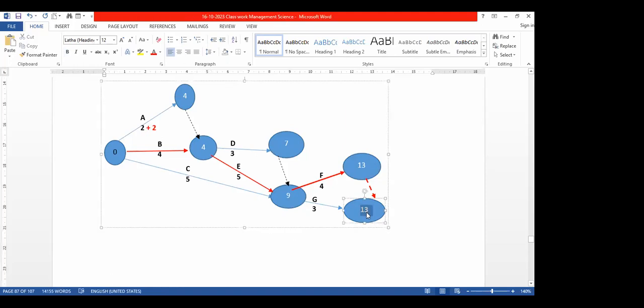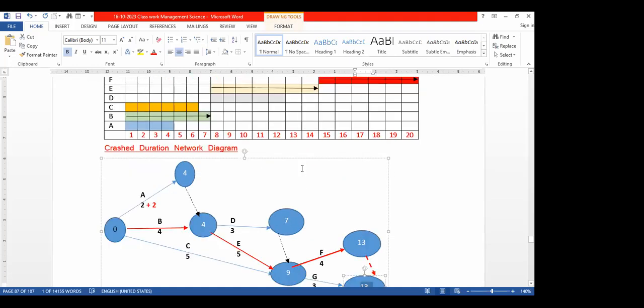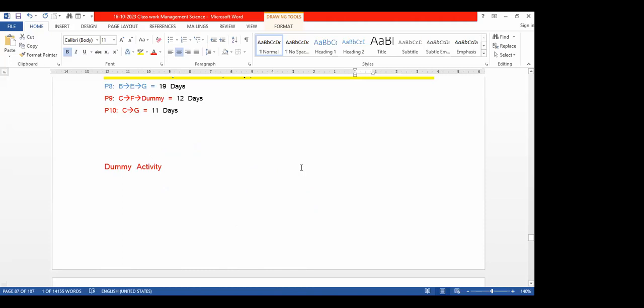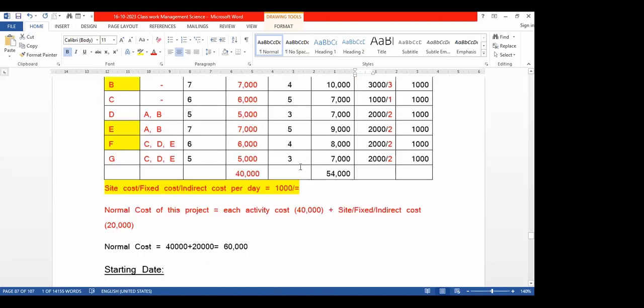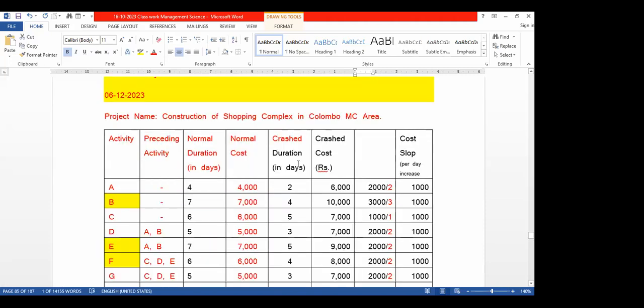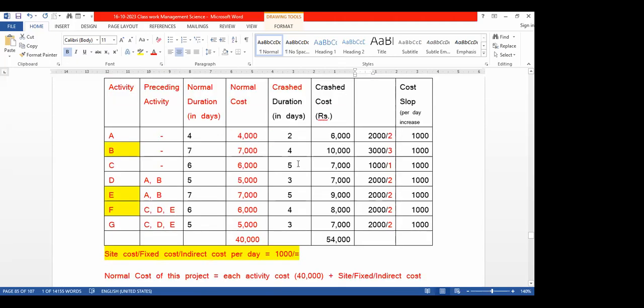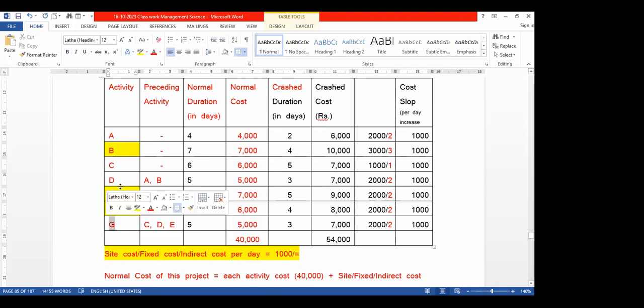Right. While we are crashing, there are two types of activities in the project: critical and non-critical. In the non-critical activities, what are those? A, C, D, and G. All these also we have reduced the number of days.